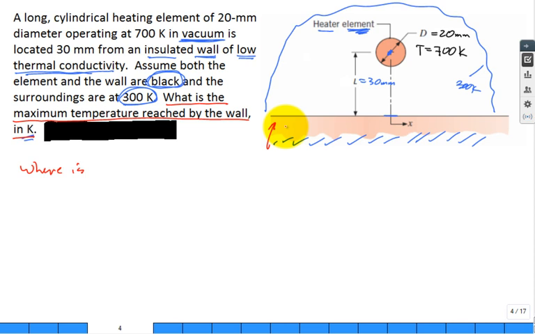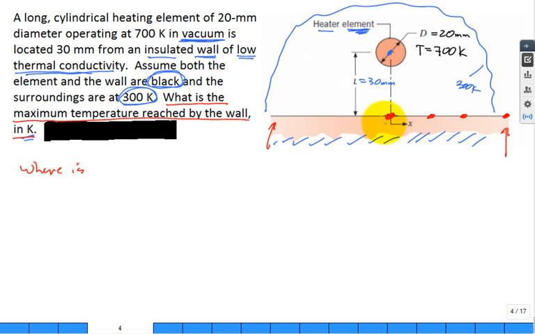So a lot of us said, look, they're interested in the temperature of the wall. The temperature of the wall here is probably going to be different than here, different than here, different than here. Why? Well, way over here, it doesn't have the effect of a 700 Kelvin long cylinder above it, radiating down to it.